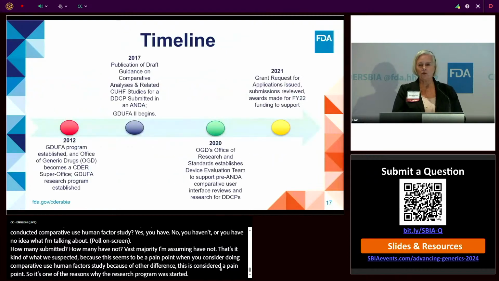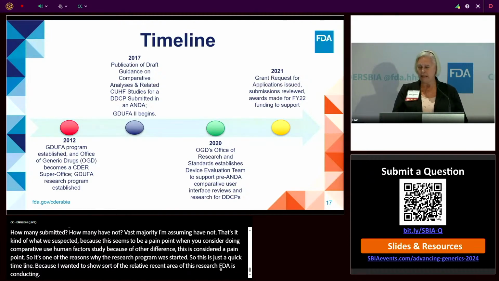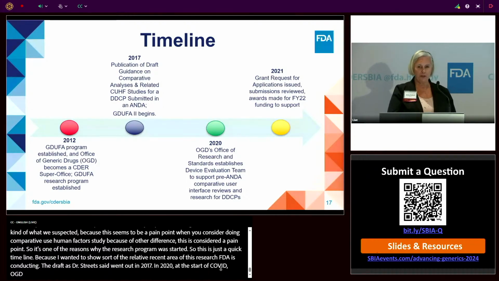So this is just a quick timeline because I wanted to show the recency of this whole area of research that the FDA is conducting. The draft, as Dr. Street said, went out in 2017. In 2020, at the start of COVID, OGD stood up what's considered the device evaluation team.